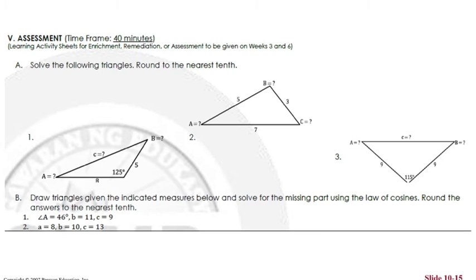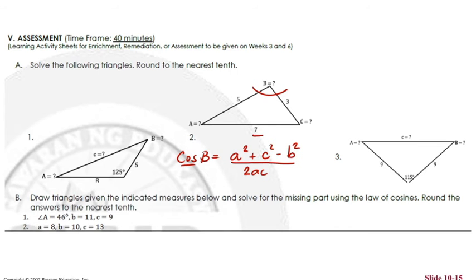So the first angle that you can compute here is your angle B, since the longest side is side B. So to compute for your angle B, you're going to have A squared plus C squared minus B squared all over 2AC. Then get your inverse function of cosine.